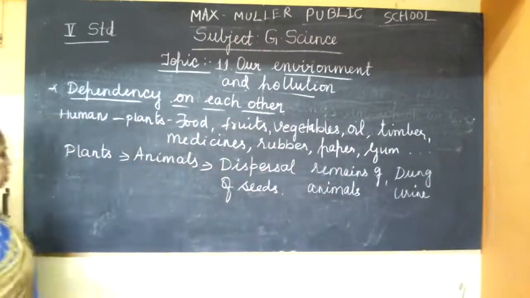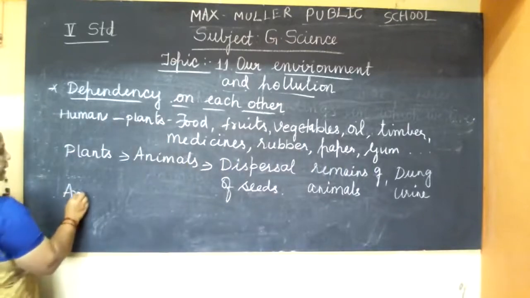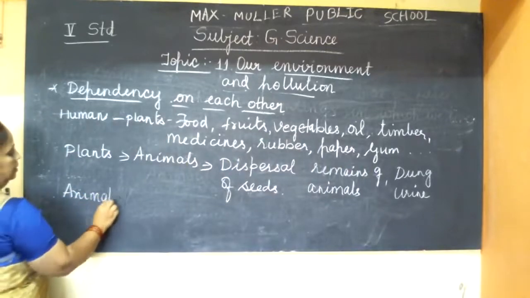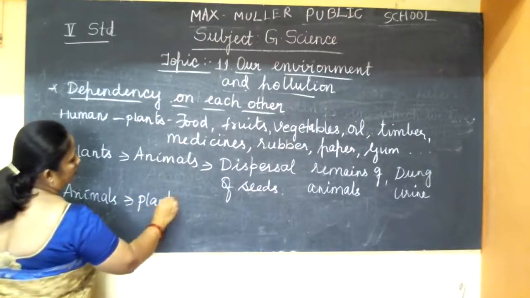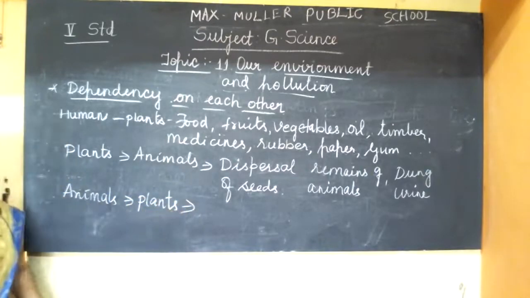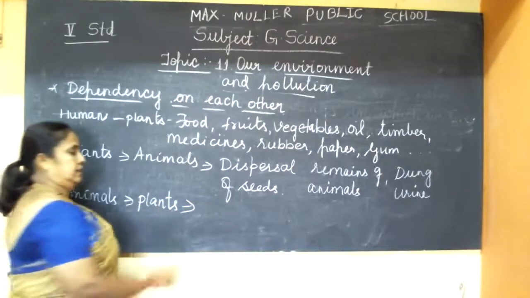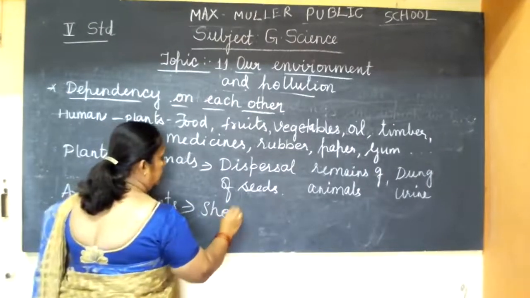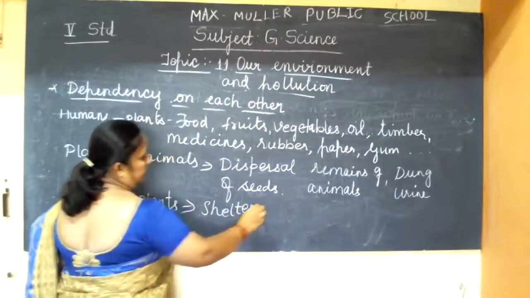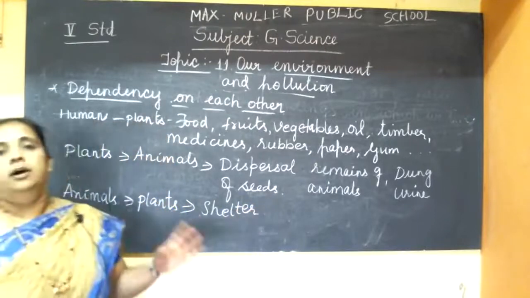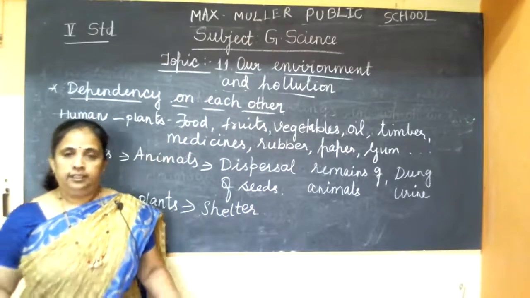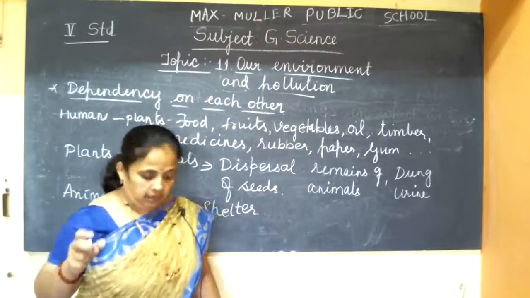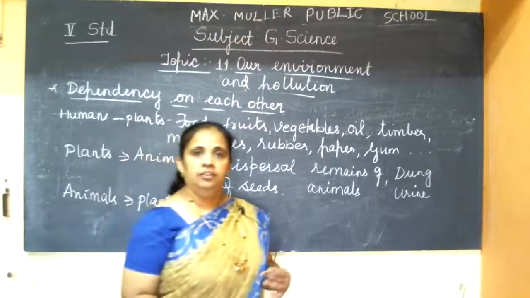Okay. Now, how are the animals dependent on plants? So it is the shelter. It is the habitat for many animals. So birds build nests, monkeys live on treetops. In the trunk of the tree, the woodpecker will make a hole and live there.